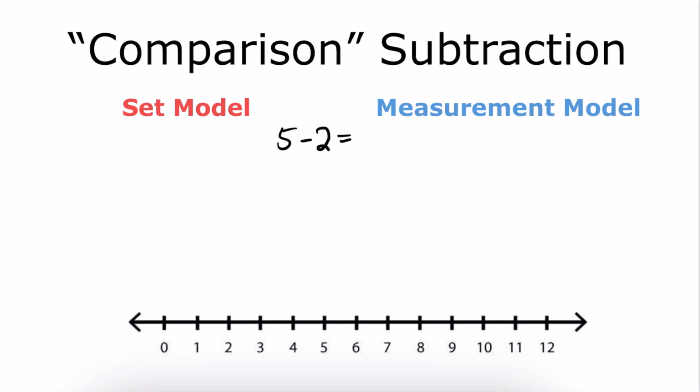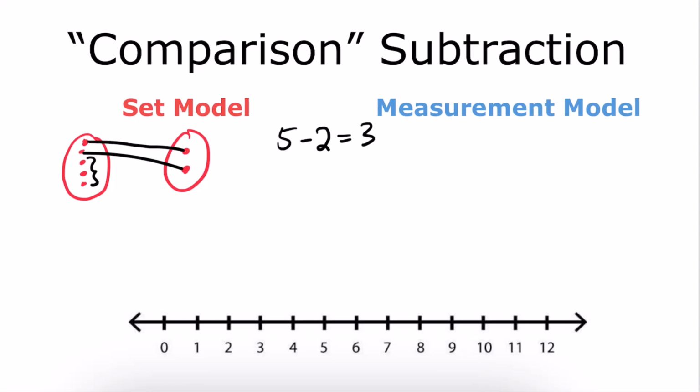And you can do this with a set model. So you could have a set with 5 items in it, and then you could have a set with 2 items in it. And if you compare these and make a one-to-one correspondence between these items, the difference between these 2 sets is 3 items. And so 5 minus 2 equals 3.